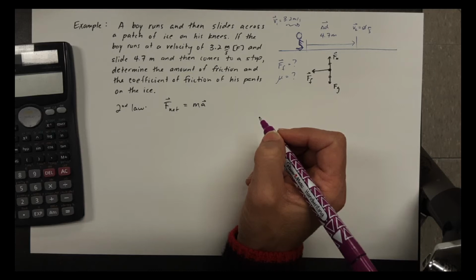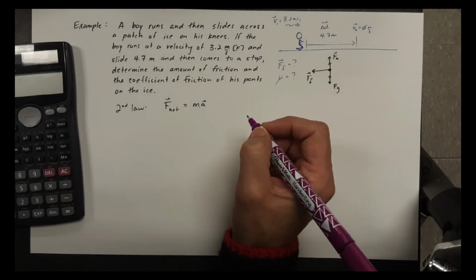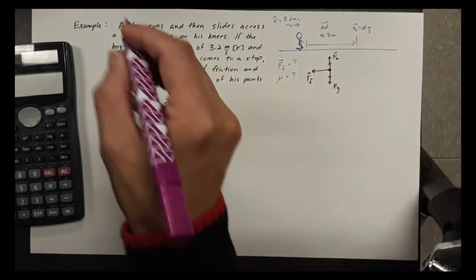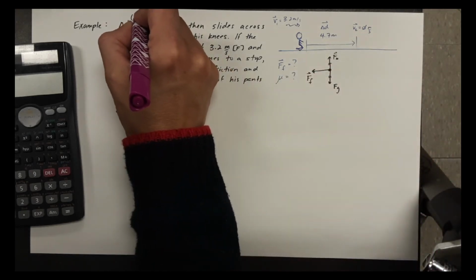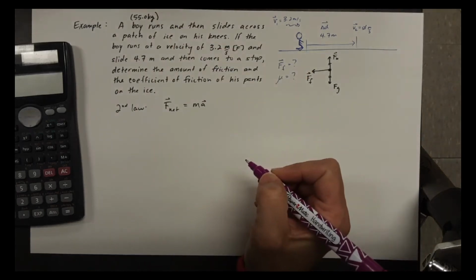All right, and I forgot to give you the mass of the boy. So I have to give you the mass. I gave it in the last one. Let's say that the boy's mass is 55 kilograms. Okay?